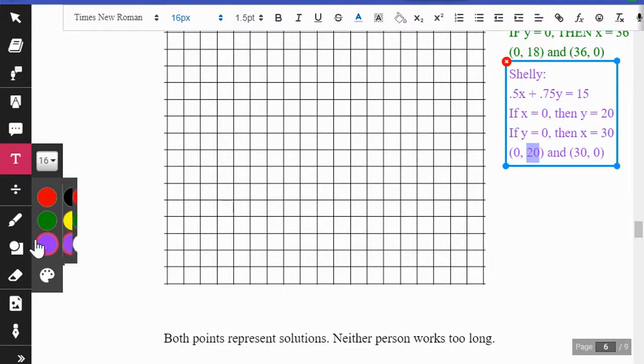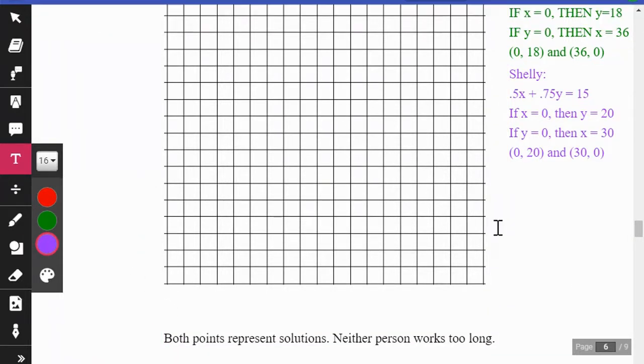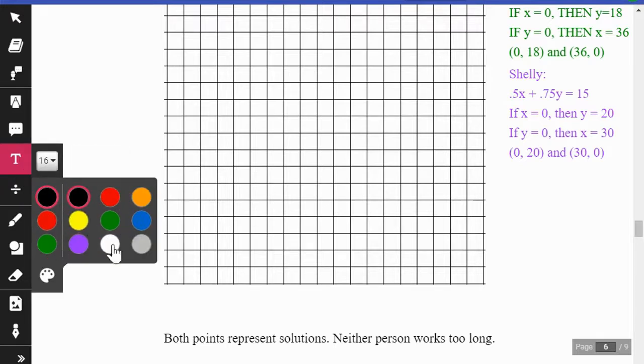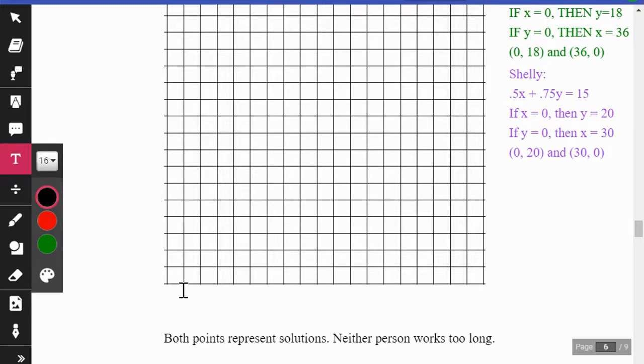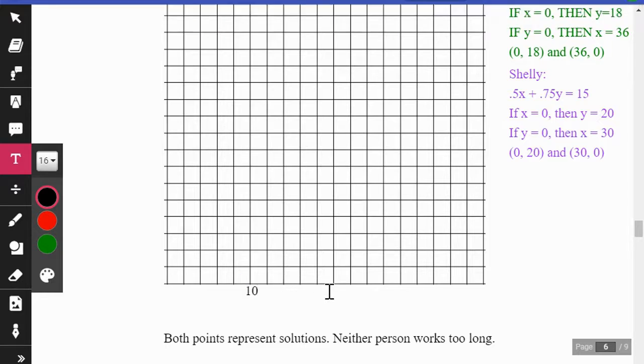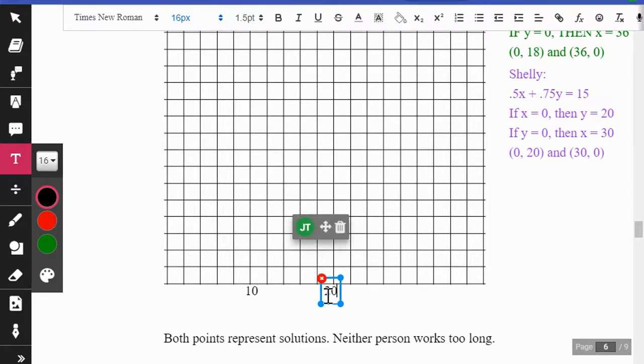I'll go down here and do black. 2, 4, 6, 8, 10, 12, 14, 16, 18, 20, 22, 24, 26, 28, 30.